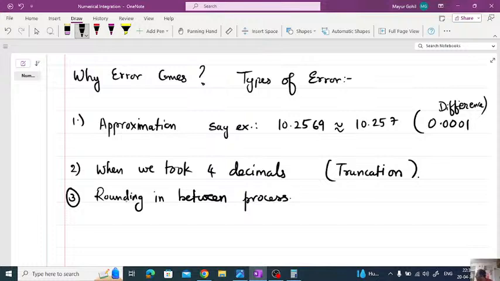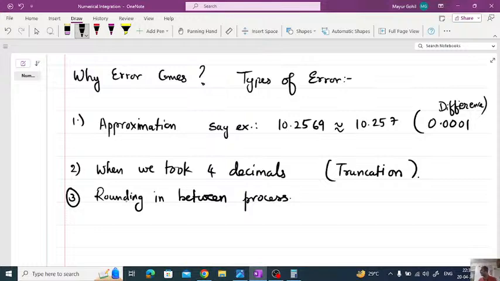Absolute error, relative error, mean error, those are different, those are statistical. These are mathematical right now. Those are also mathematical terms, but right now what I am saying is why the error happens.